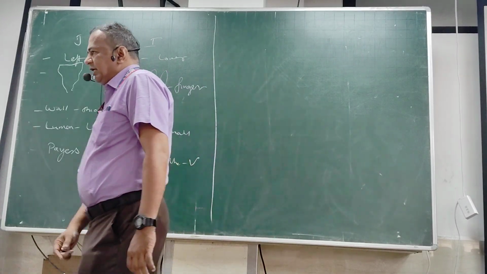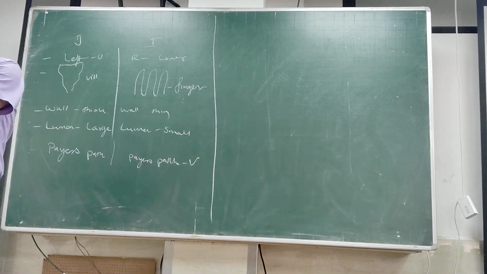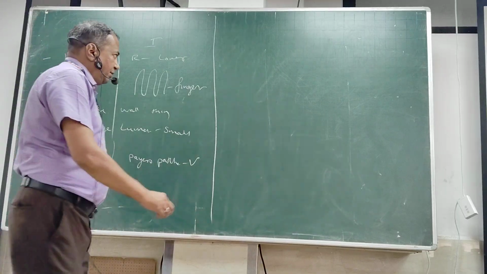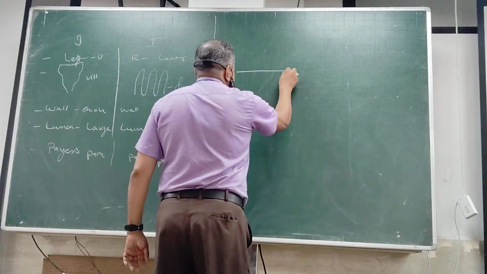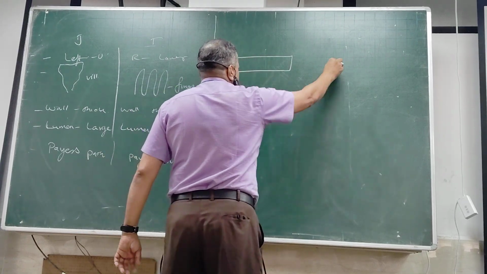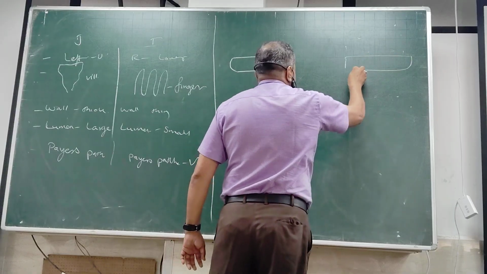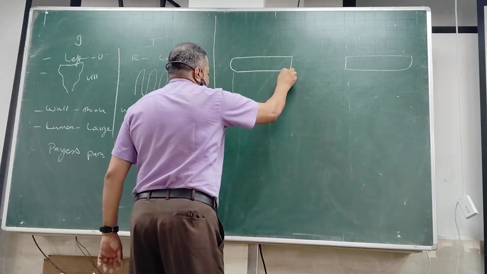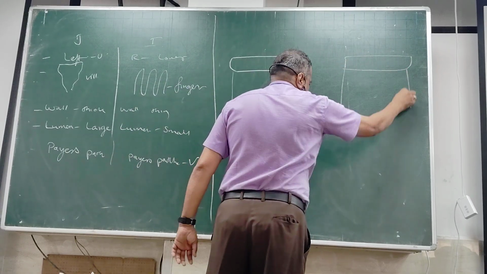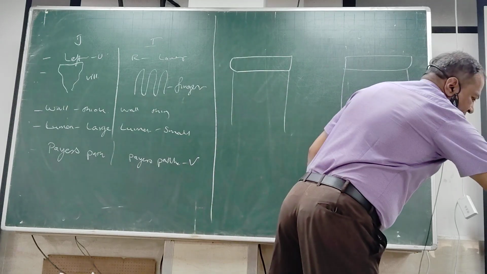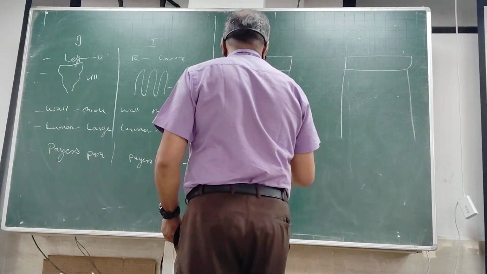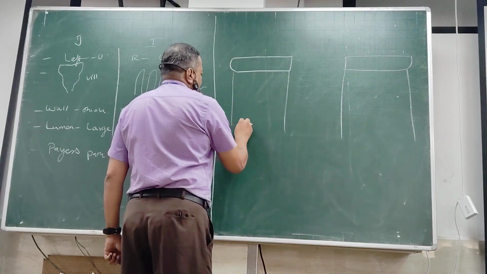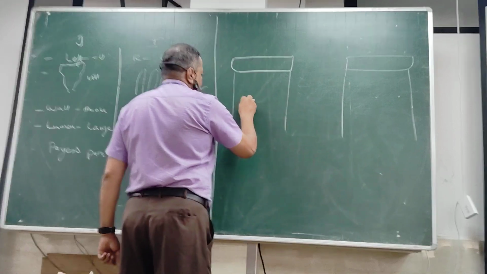Now there is one more thing, and that is the structure of the mesentery. Now this is the mesentery. In the mesentery there are arterial arcades.